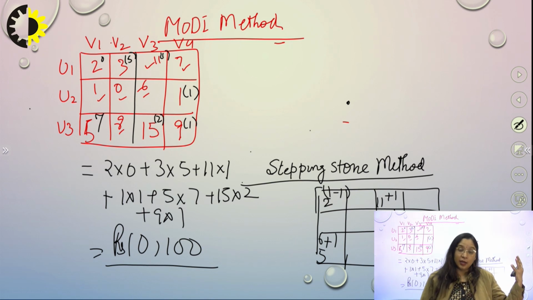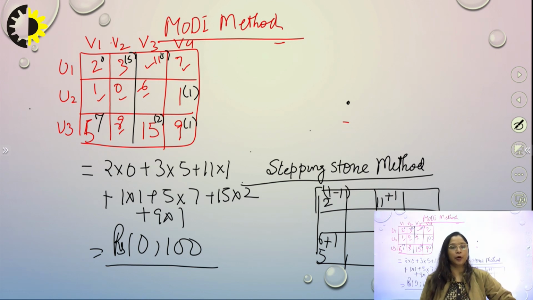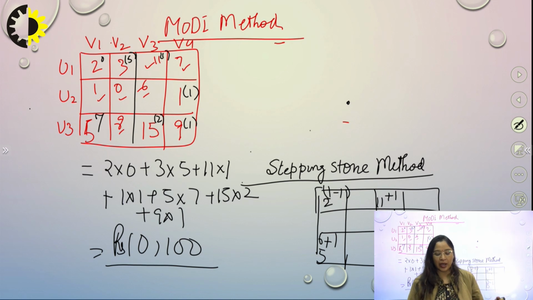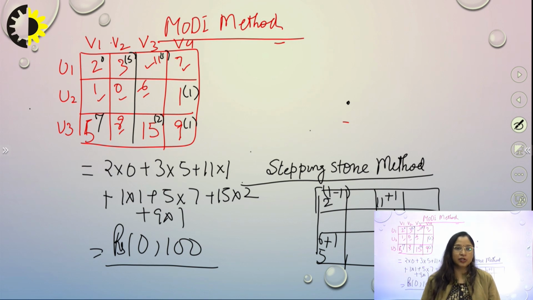Now we have to find out whether this is the optimum or not. A similar process to the UV method we have done in the first iteration. Now we will have a second iteration. We have to find out the u and v values for the allocated cells.